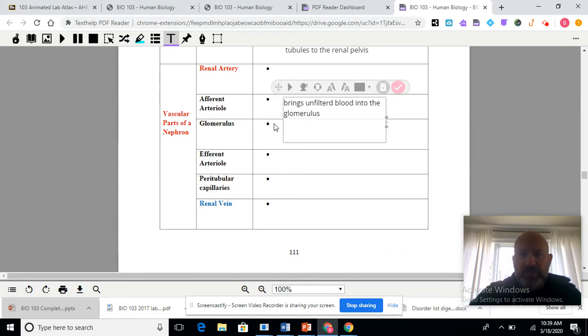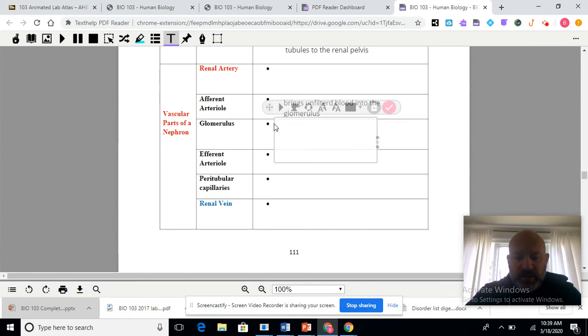And the glomerulus is a network of capillaries. Between the glomerulus and the glomerular capsule, we have filtration. Let's add that.